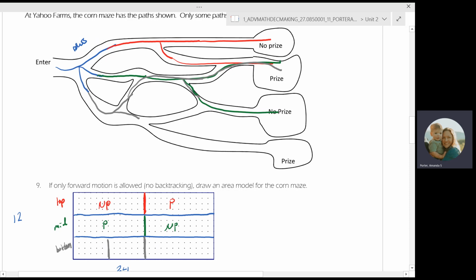We get the prize. We get no prize. Now, that bottom part of the bottom path, follow it, and it splits again. So this splits in half as well, which will get us to no prize and a prize.